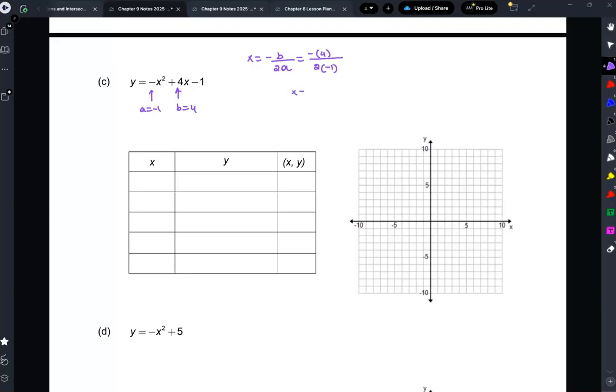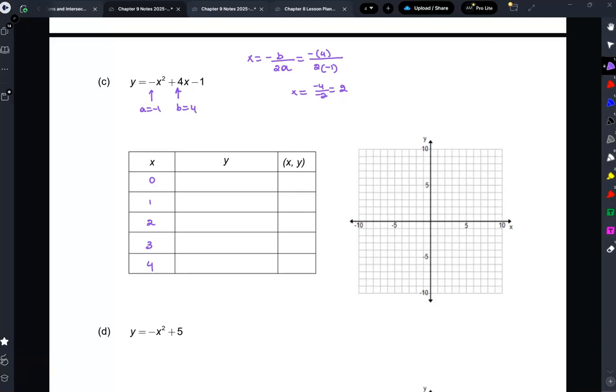So X is negative 4 over negative 2, positive 2. So I put it in the middle. Okay. What else is going to go in this table? 1 and 0. Then 3 and 4. Okay. So listen. Go ahead and find these 5 numbers and stop. Don't graph before I give you the okay. All right, go.